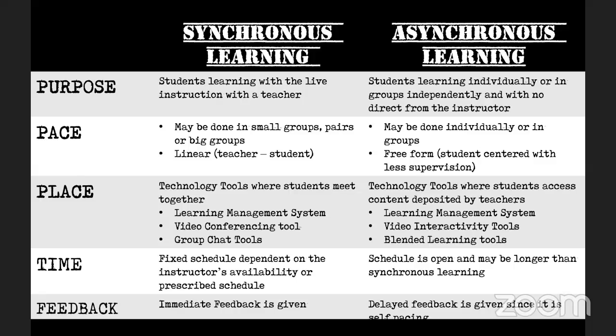For the last criterion, which is feedback, in synchronous learning, immediate feedback is given. For example, in this activity later, I'm going to be giving you activities that would allow me to check if you indeed understand whatever learning is going to be provided to you today.